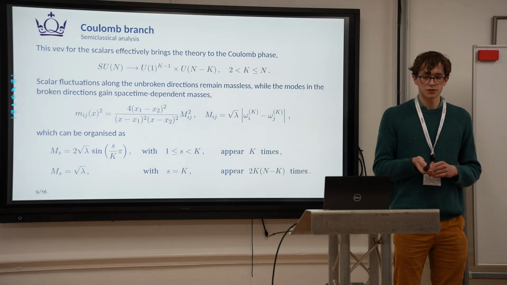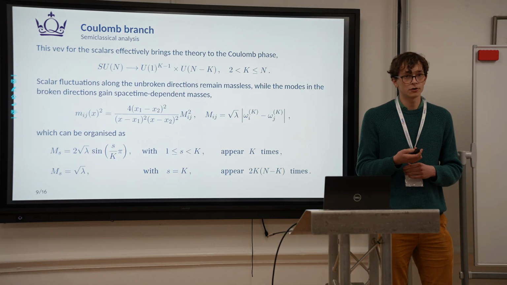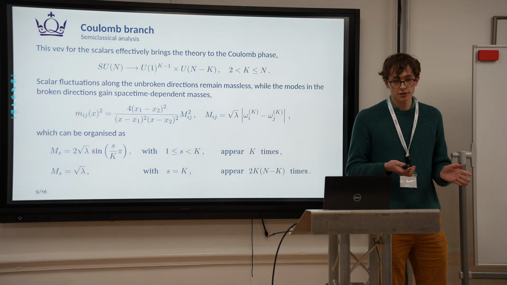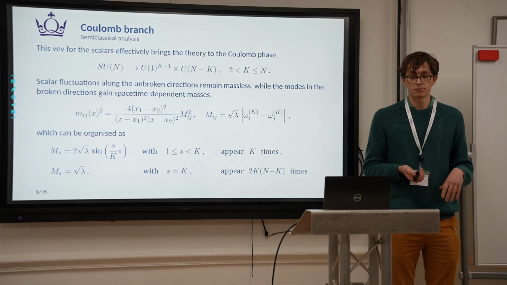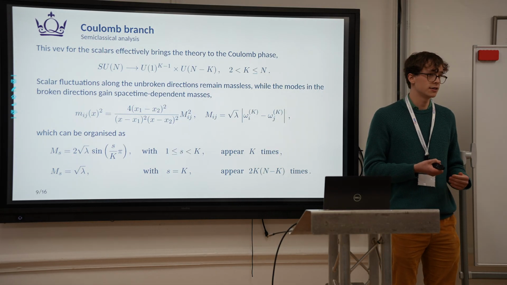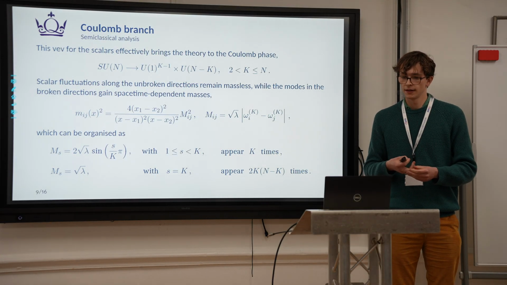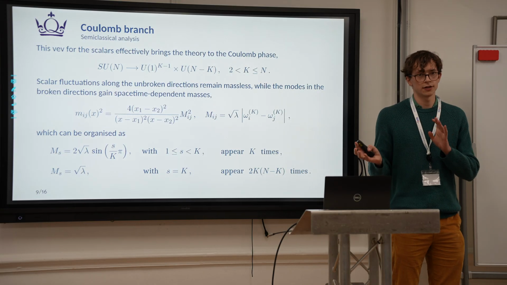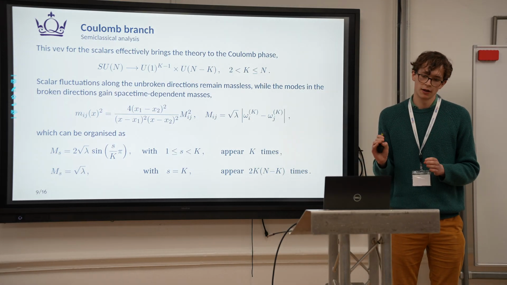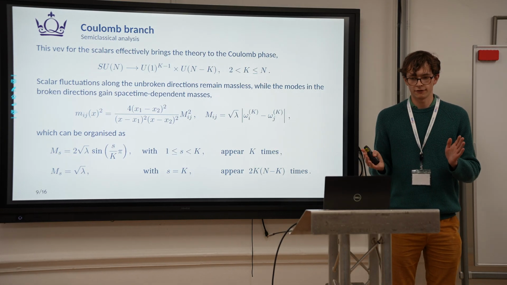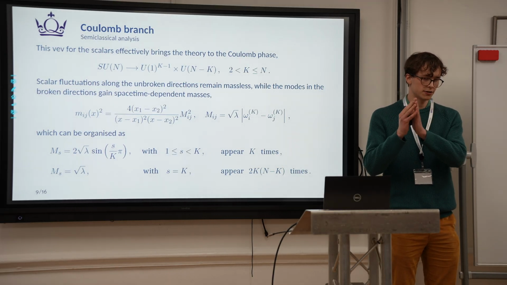And so scalar fluctuations along the unbroken directions remain massless, but the modes in the broken directions gain space-time dependent masses. And if you want to think of this from the brane point of view, if you have all your branes together, then you have SU(N).